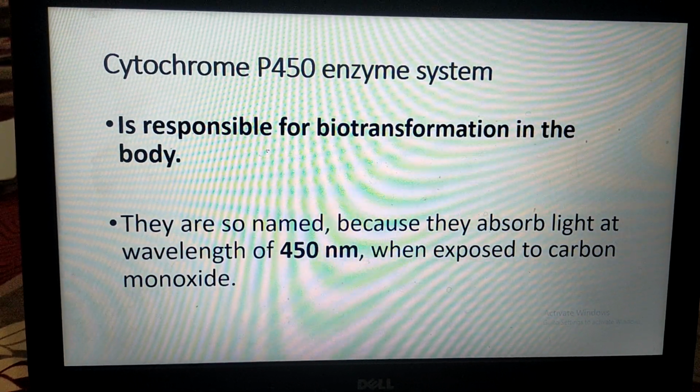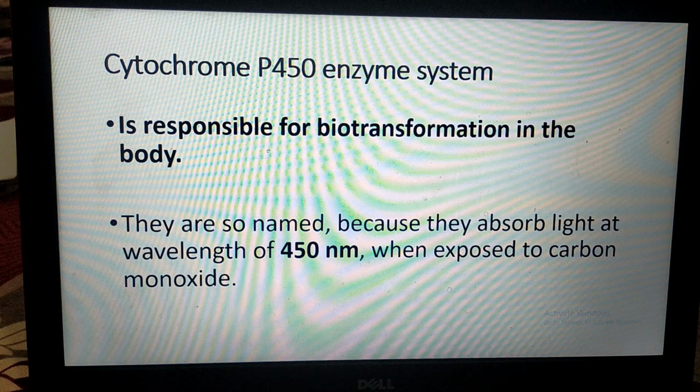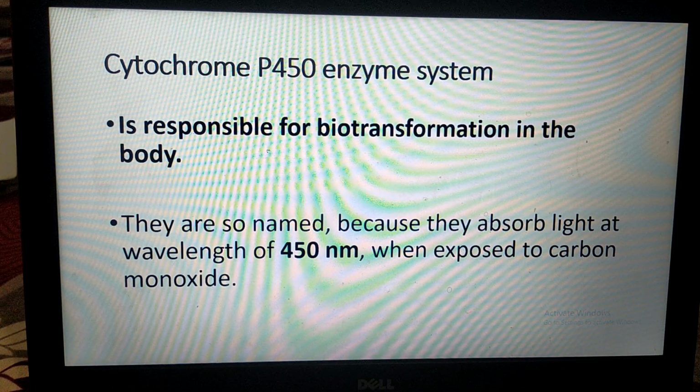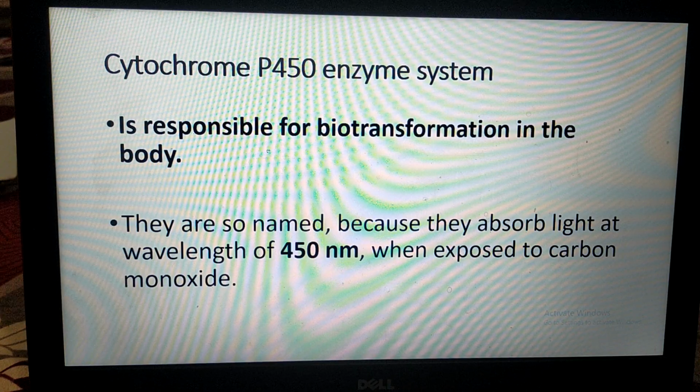Now before starting the actual reactions of detoxification, you should know about the cytochrome P450 enzyme system. This cytochrome P450 enzyme system is responsible for the majority of biotransformation reactions. Why are they called 450? Because they absorb light of wavelength 450 nanometer when they are exposed to carbon monoxide.